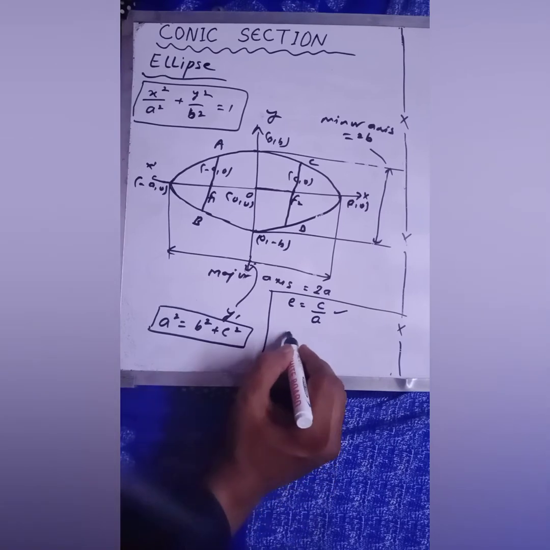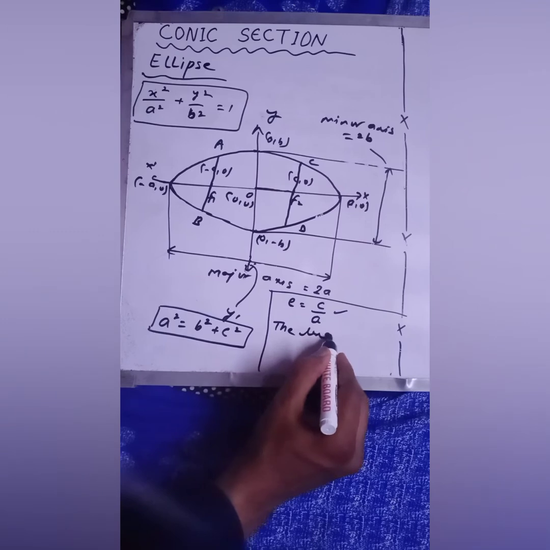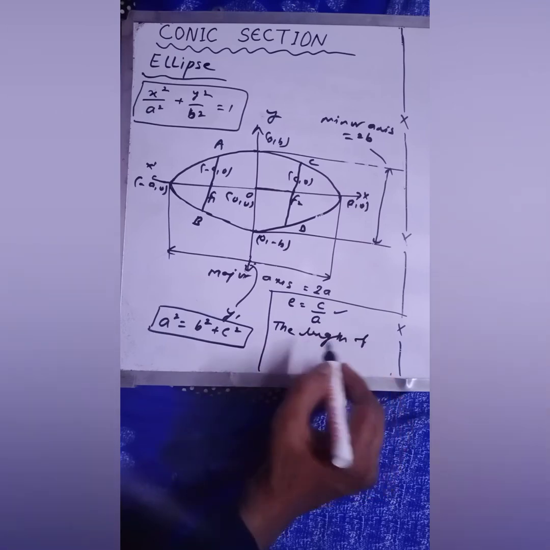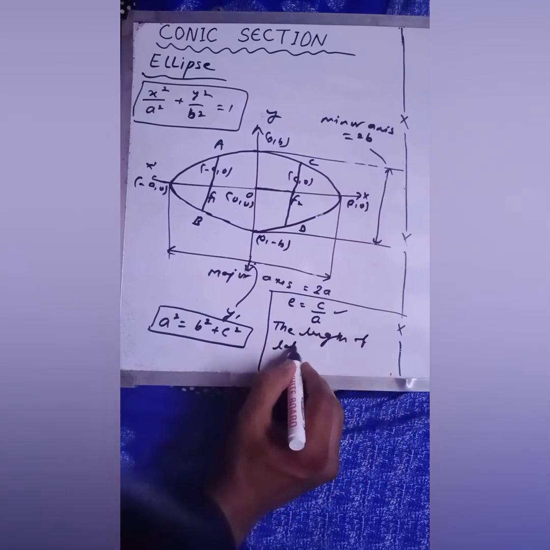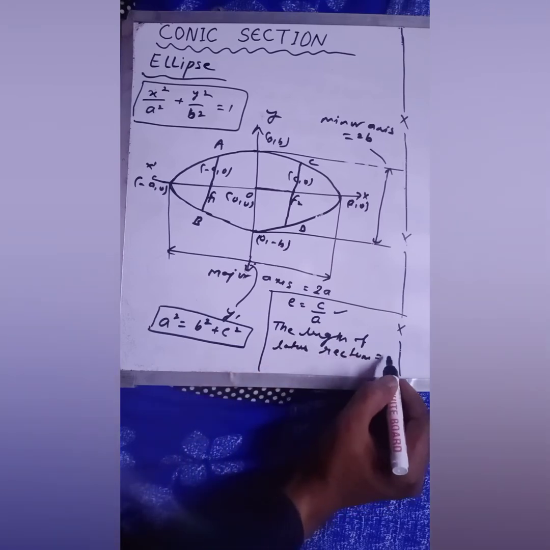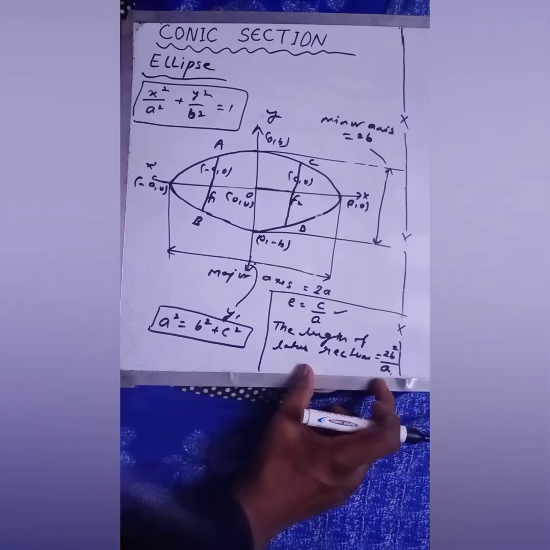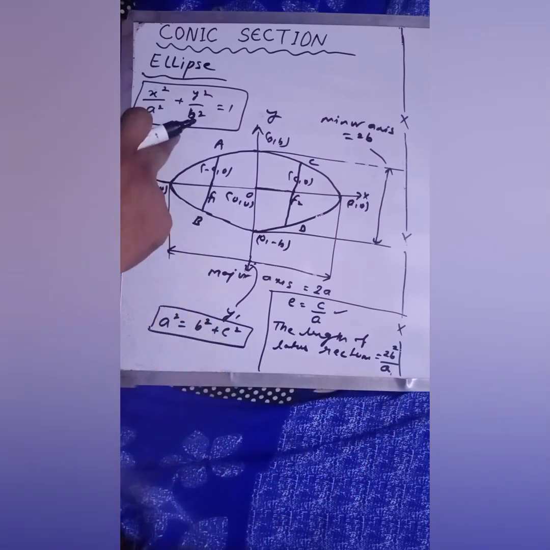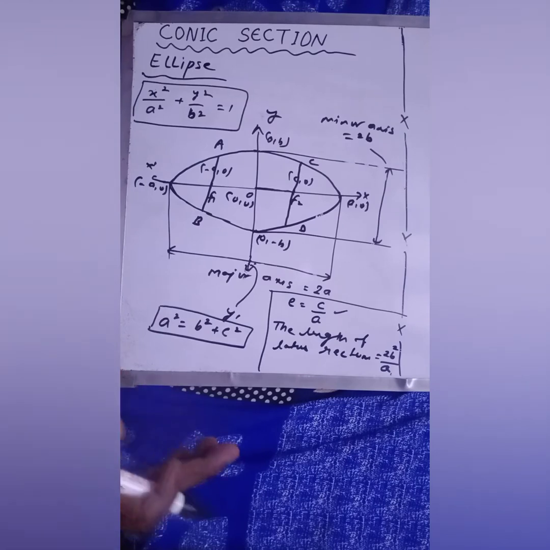After that, the length of latus rectum is equal to 2b square over a. So this is the formula to find the length of latus rectum. All these formulas you have to learn, you will use them in this exercise. So note down all these things first of all.